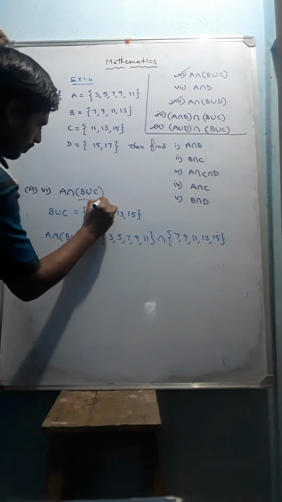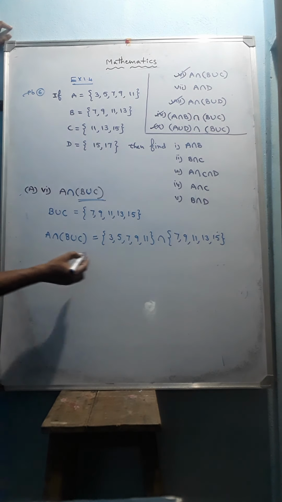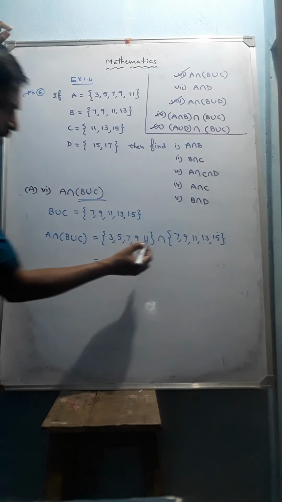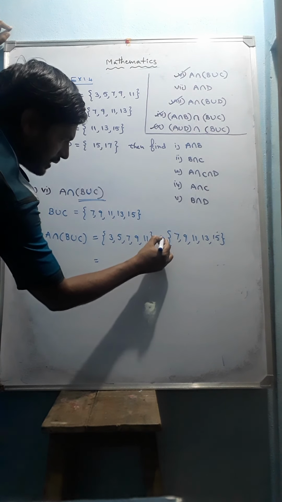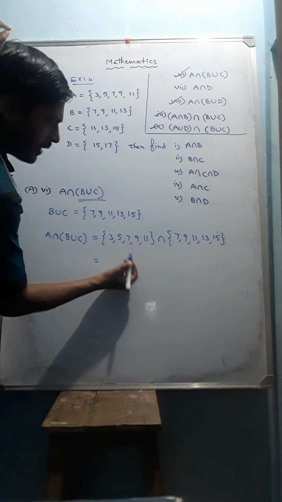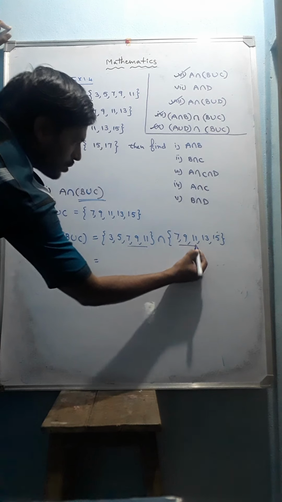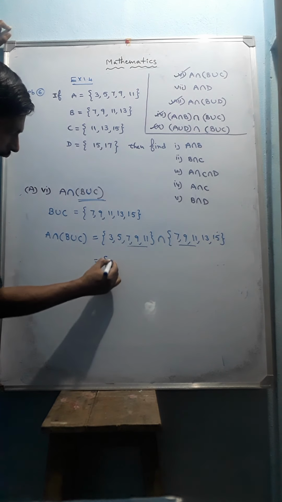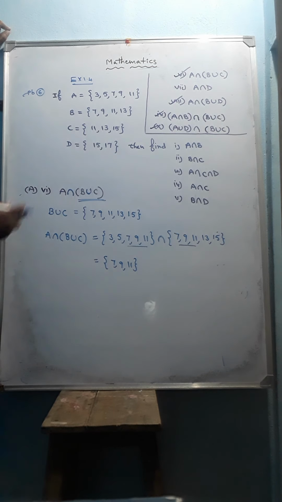The operation between these two sets is intersection, which means common elements. The common ones are 7, 9, 11. So 7, 9, 11 is the answer of the given A intersection (B union C) problem.